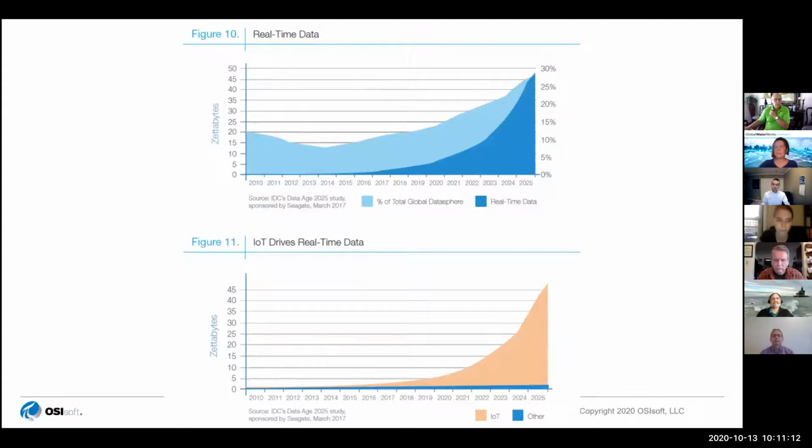And of all that real-time data, half of it, roughly, is going to be from IoT type devices. And we're starting to see that already. So for example, in today's call, you'll see organizations and companies that have more sensors out there, right? So that provides us with more data, which hopefully we'll be able to use to drive some actionable insights.